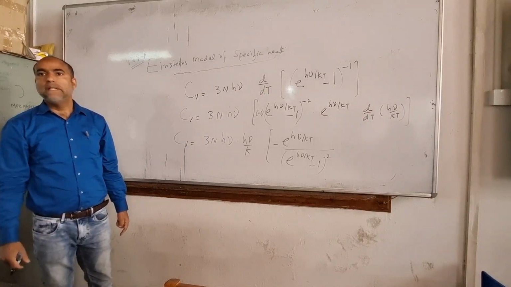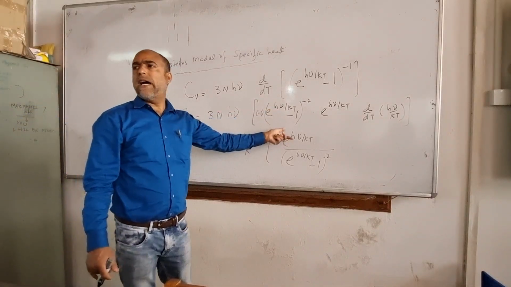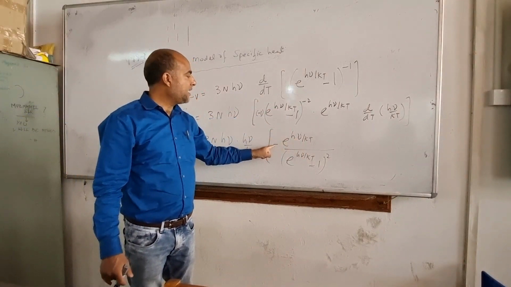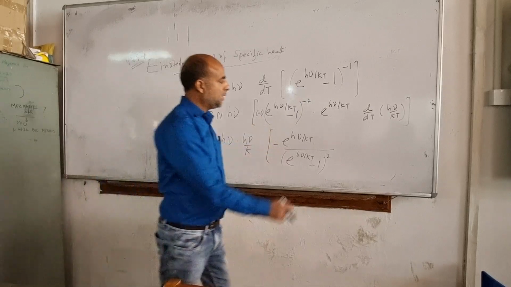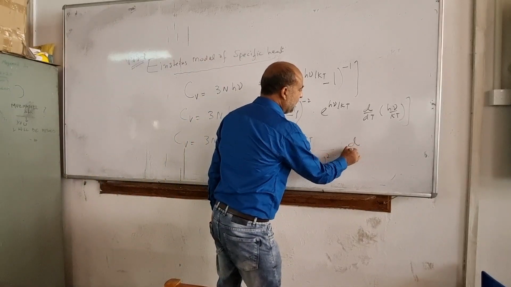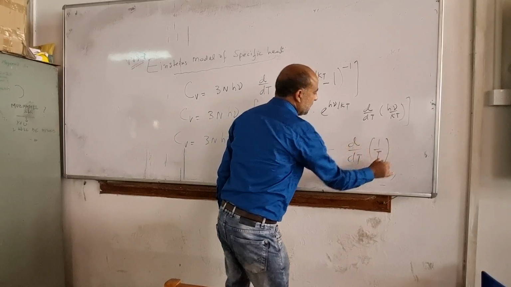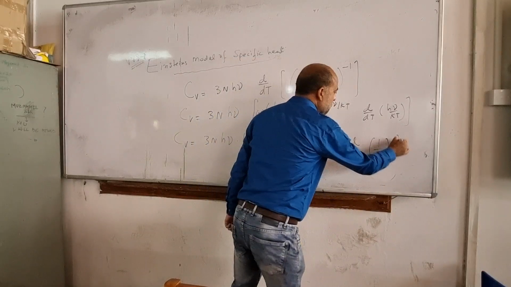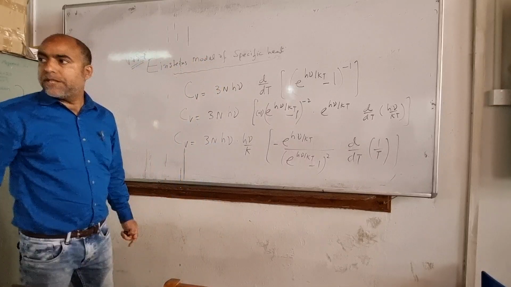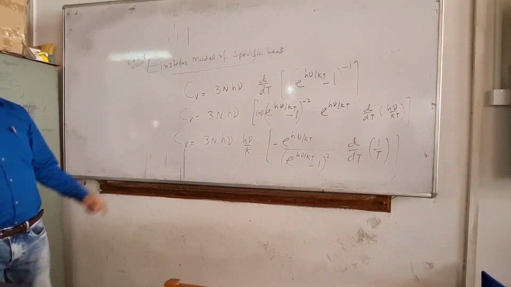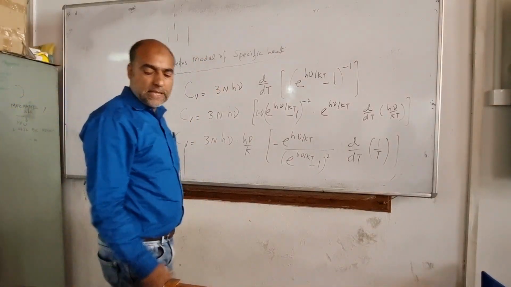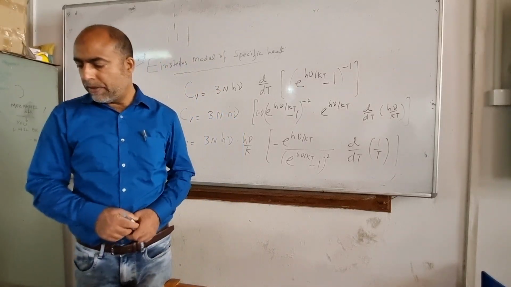Okay? I have taken it down, so it became plus 2. Minus 1 is here, so I kept the minus here. Now here is d by dt of 1 by t. That is minus 1 by t square. Okay, you first write down these things, then I will move forward.